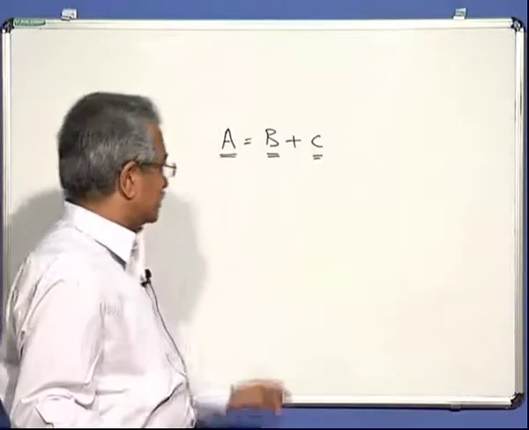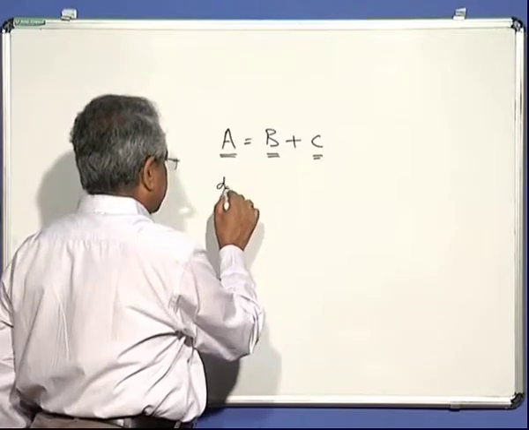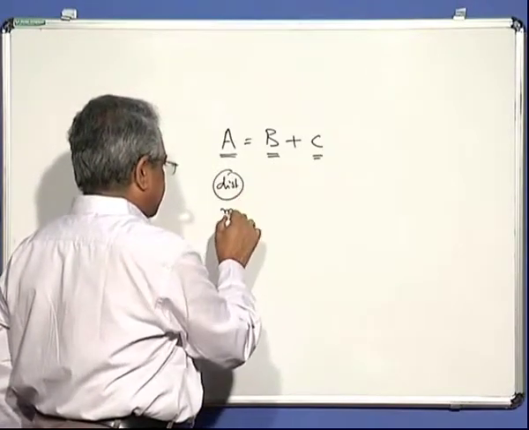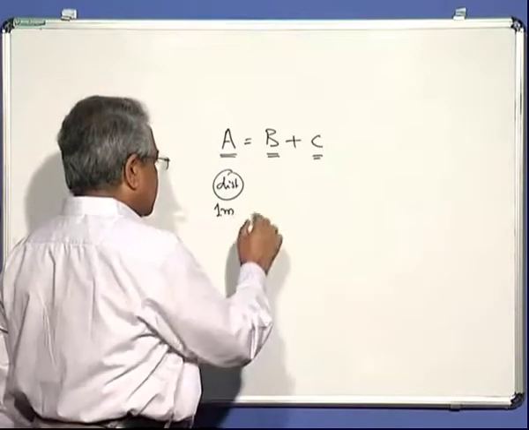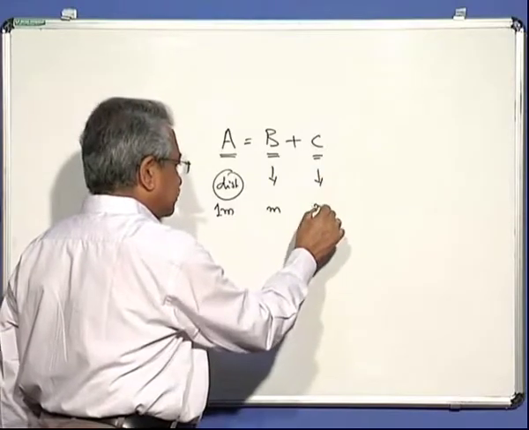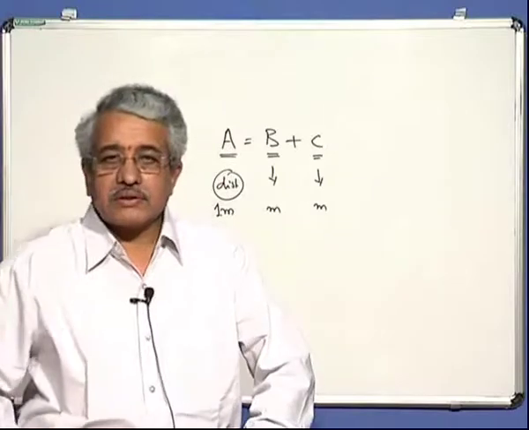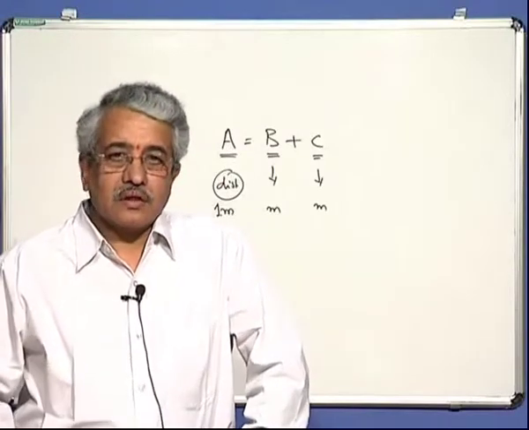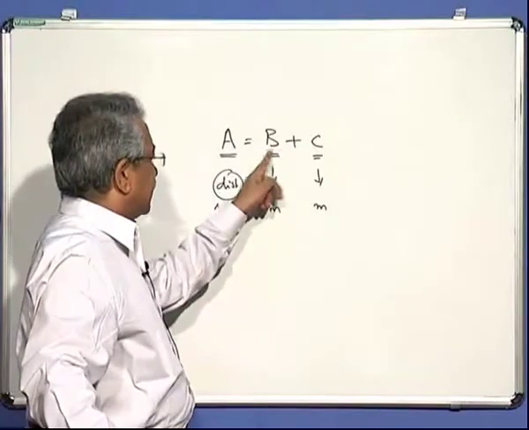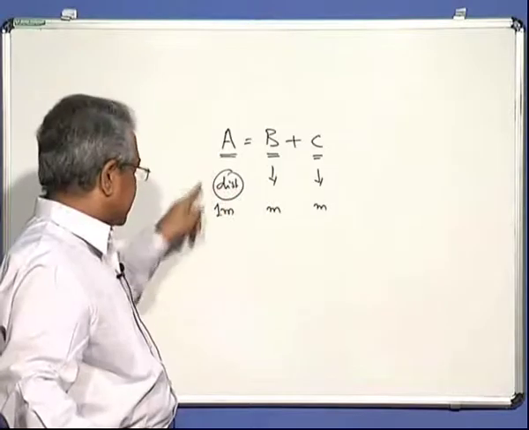For example, suppose this A is distance. Its unit will be in meters, say. So the units of B also must be meters, the units of C also must be meters. That means B and C also must be physical quantities like distance, because you have to make an equation adding B to C to get A, which is a distance here.